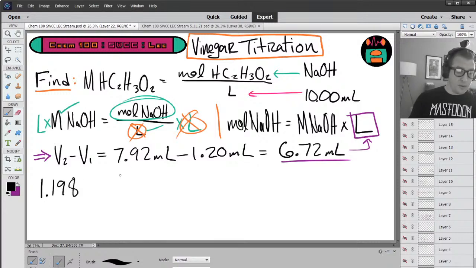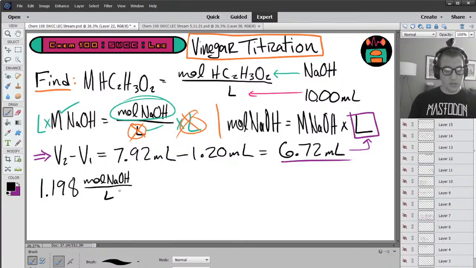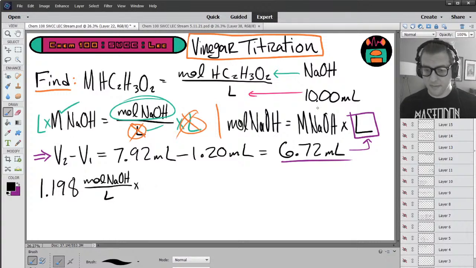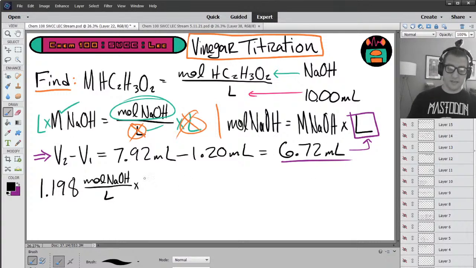So now we can find our moles of sodium hydroxide by multiplying our molarity, which is 1.198. And now, instead of writing that big M, I'm going to split it into its numerator and denominator. It's moles of sodium hydroxide in the numerator over liters times. Oh, snap. We know what our volume is. But we got a problem. It's in milliliters, right?